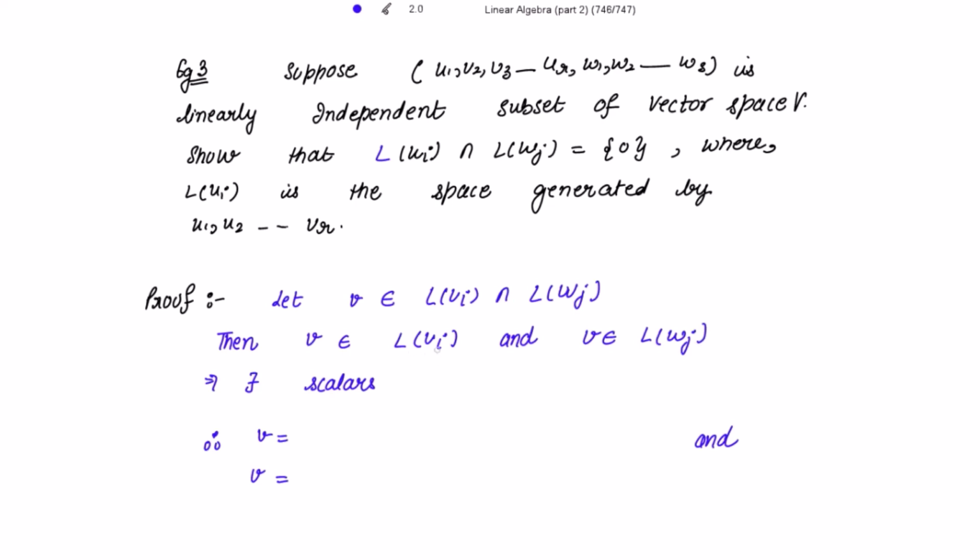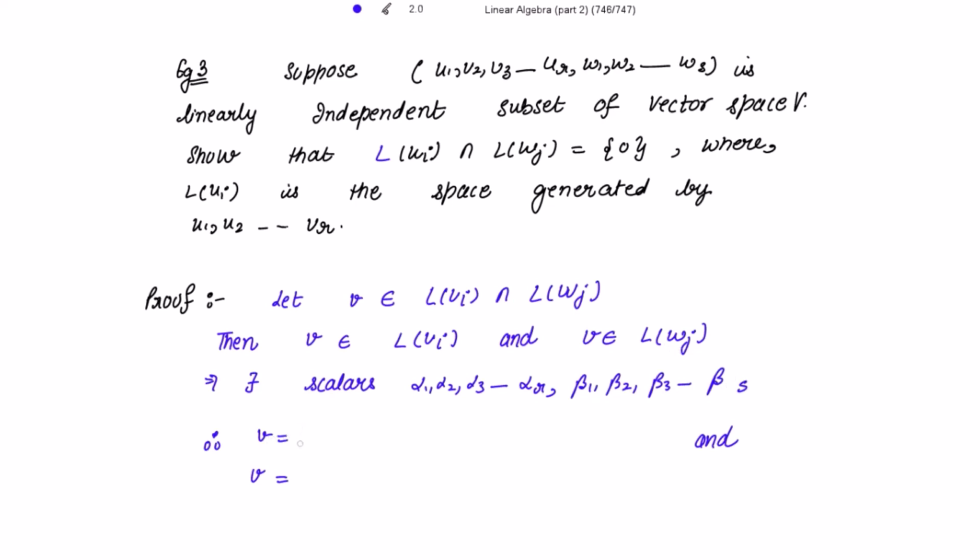Because it is the space generated by the vectors U1, U2 up to UR, every element of this space is a linear combination of their generators, right? So there exist scalars alpha 1, alpha 2, alpha 3 up to alpha R for the U's, and beta 1, beta 2, beta 3 up to beta S for these W's.